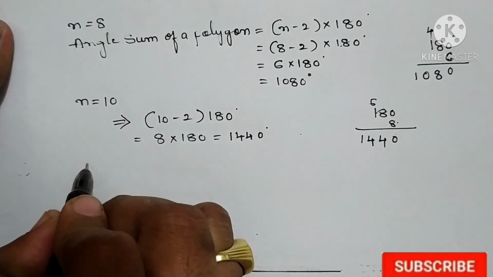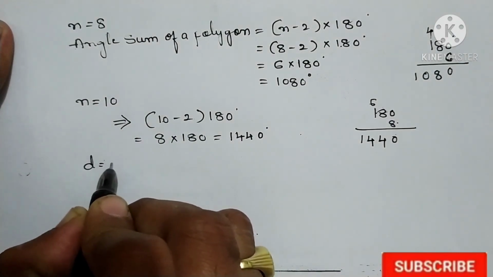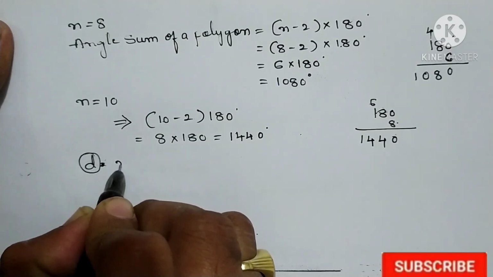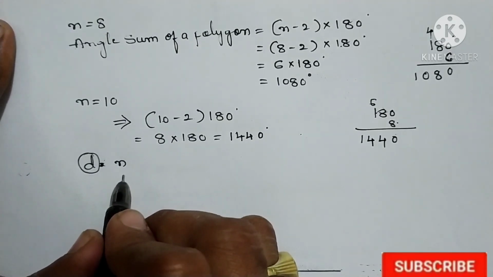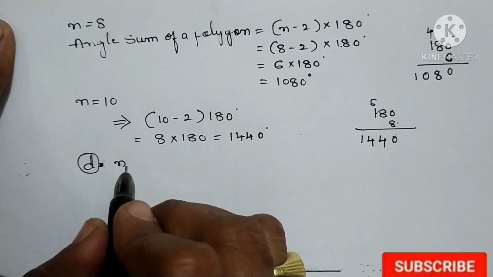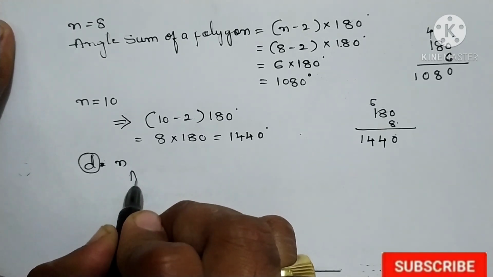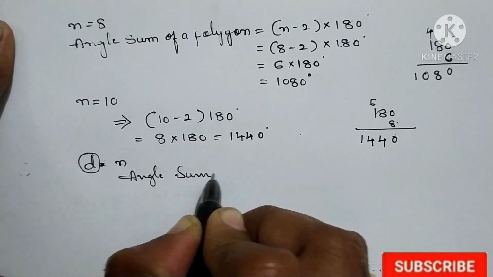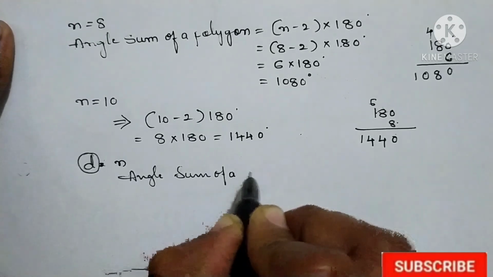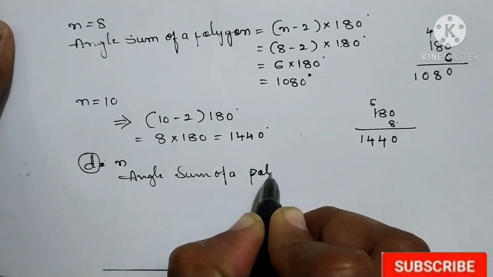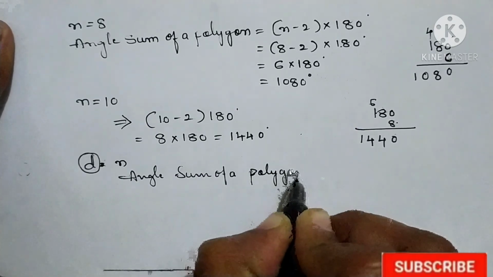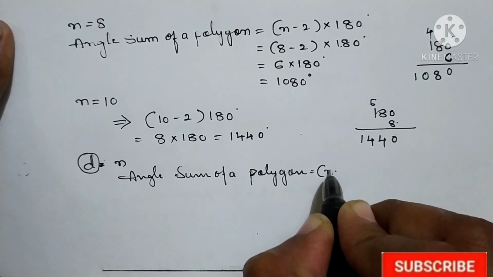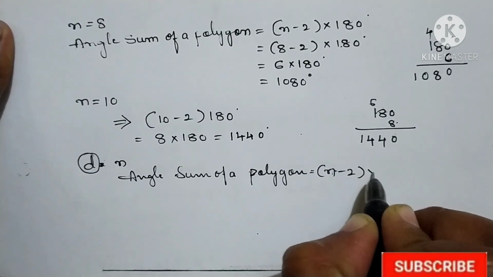Next here, D. So what is given here? N is given. That means in that figure the number of sides is n. So the angle sum of a polygon, same formula: n minus 2 into 180 degrees.